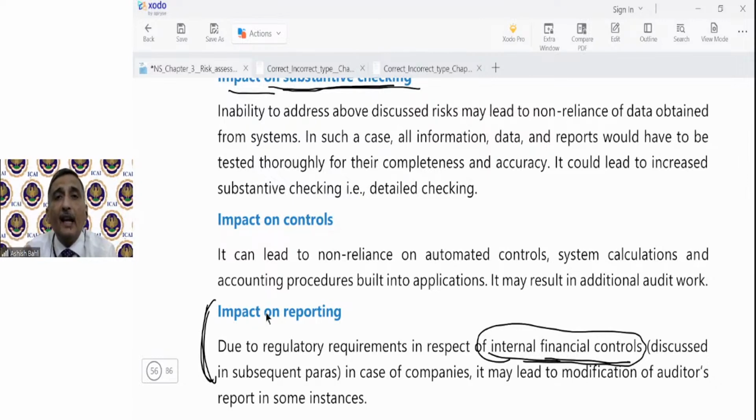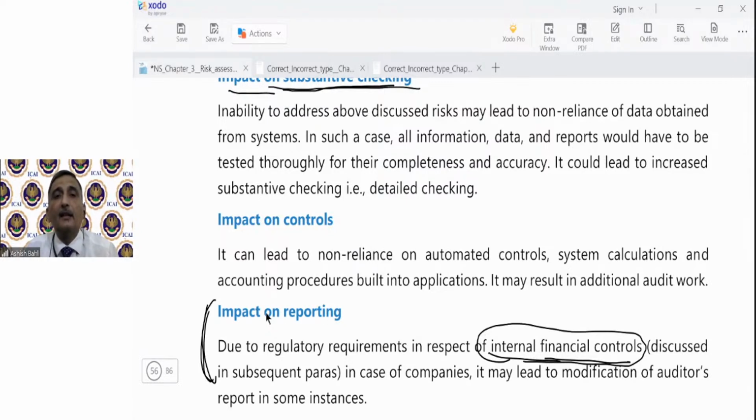So you would be reading about it in your chapter on auditor's report, and we will also be touching this aspect today. Okay, so therefore it can have an impact on the audit report also.